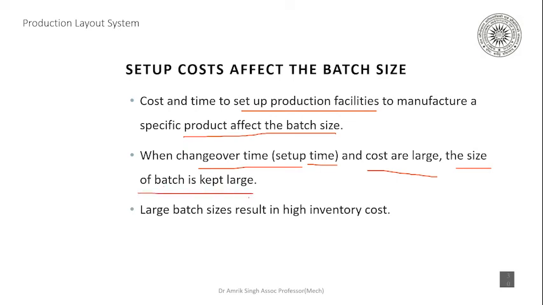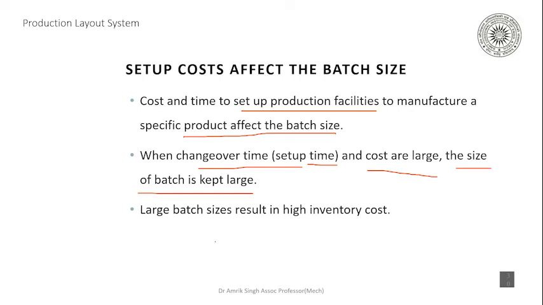So that means we are going to make a batch of, say, paint or a batch of pharmaceutical. We will have one type of production setup, and then if we are making a different type of medicine or a different type of product the second time, with a different batch, our setup time and the scheduling and planning control will all be different.